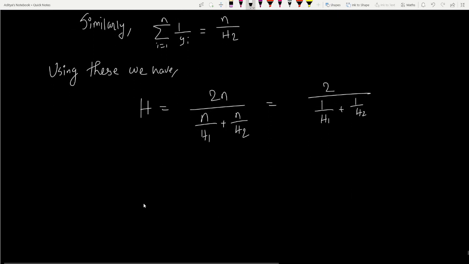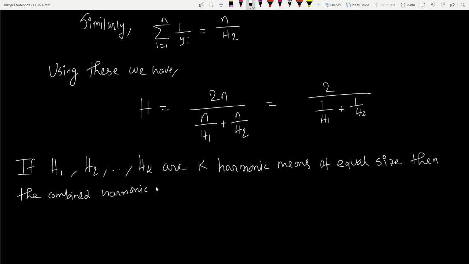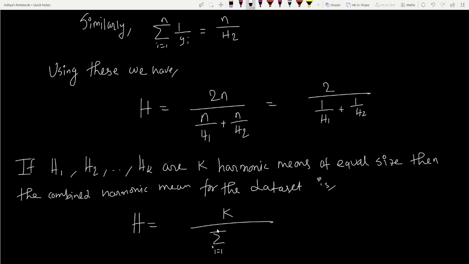So we get a more general result now, that if h1, h2 all the way up to hk are k harmonic means of equal size, then the combined harmonic mean for the data set is capital H equals k divided by summation of i equals 1 to k of 1 by hi, and this should complete our final result.